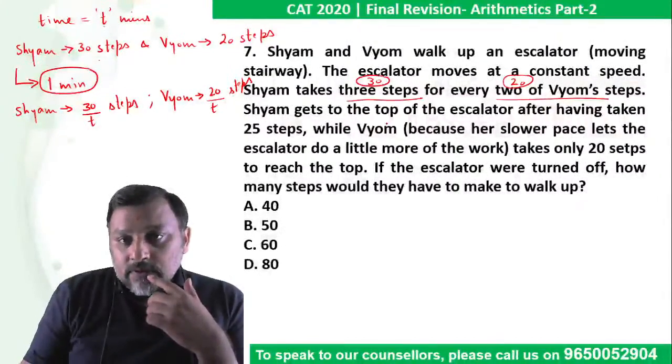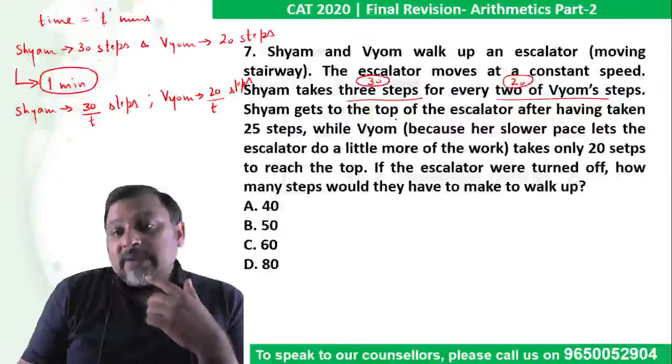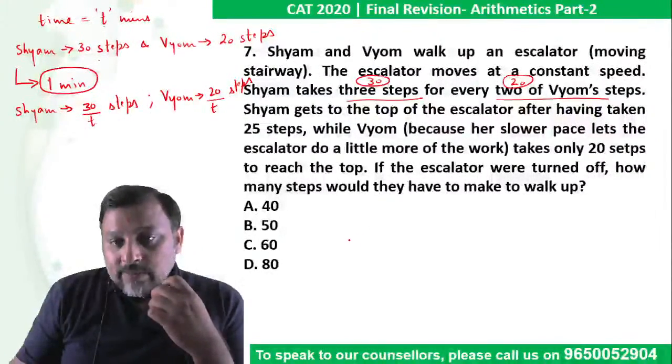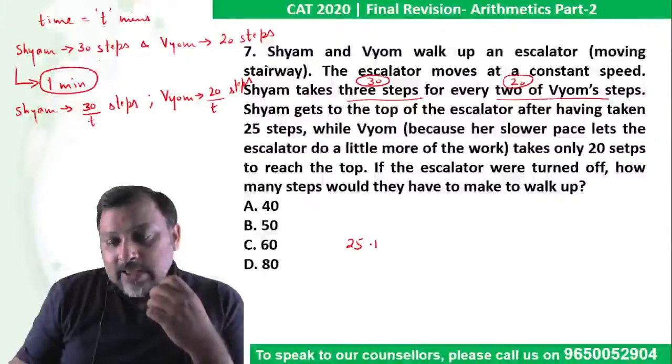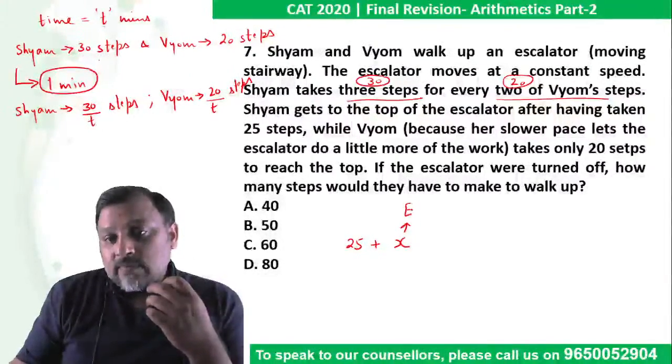Now, here it is given Sham gets to the top of the escalator after having taken 25 steps. So Sham is taking 25 steps and I am assuming the rest of the steps are being taken by the escalator.